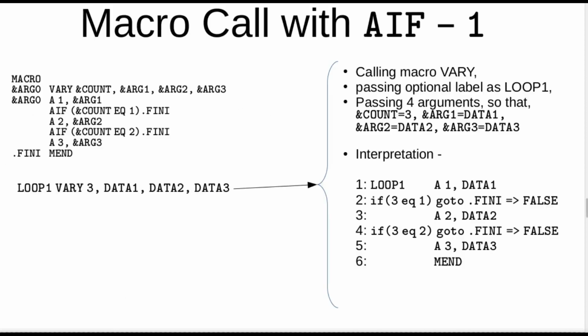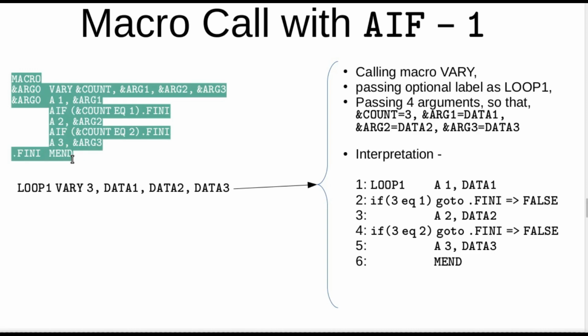Fine. So let's see how this whole thing unfolds during a macro call. This is our prior macro definition. Once we have defined it, let's see some example macro call statements for this given definition.